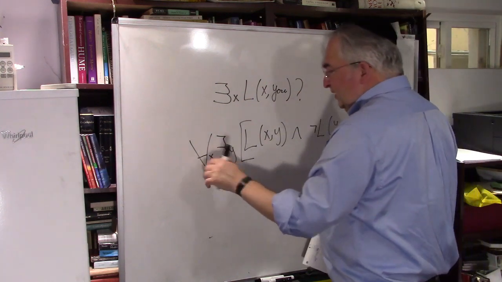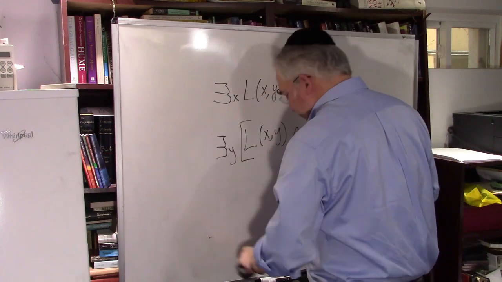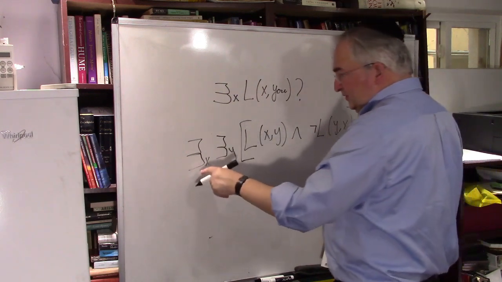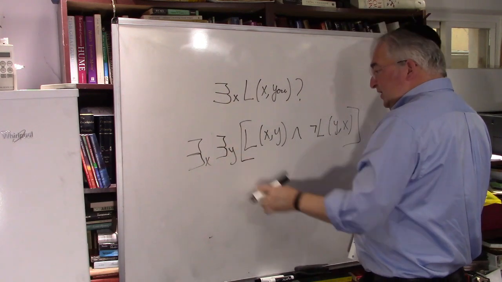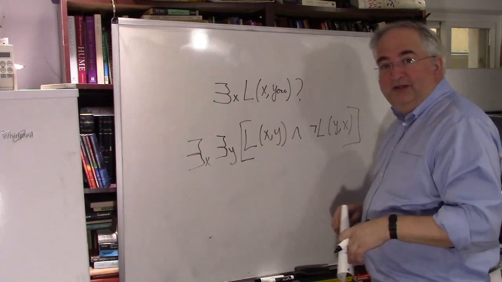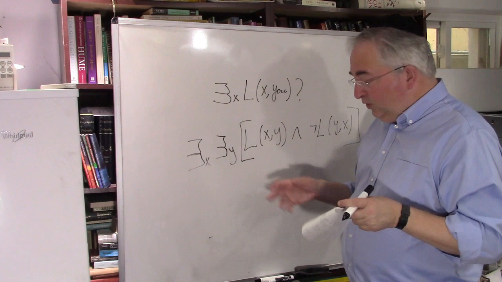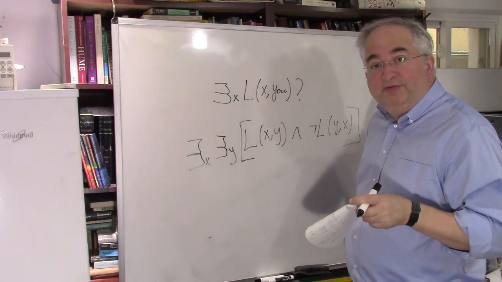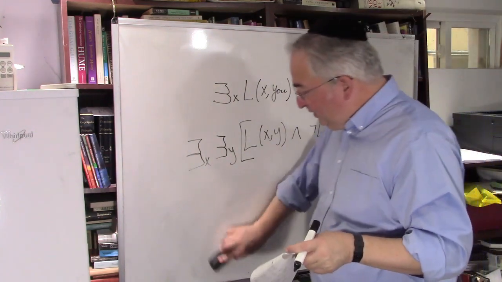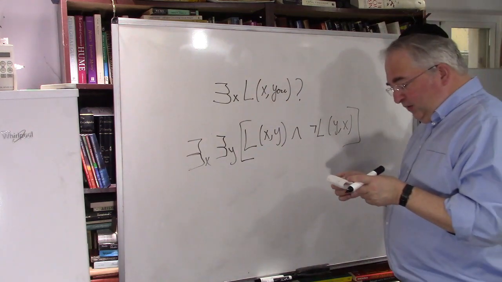Maybe it should be there exists an X. So this is a romantic comedy. Ready? There's a boy, there's a girl, there's somebody, and there's another person. And X loves Y, and Y does not love X. That's called unrequited love, and all of literature is this. When someone loves you and you don't love them back, or you love someone and they don't love you back, that's where the pain in the universe happens. So we'll have a lot of fun with these things.